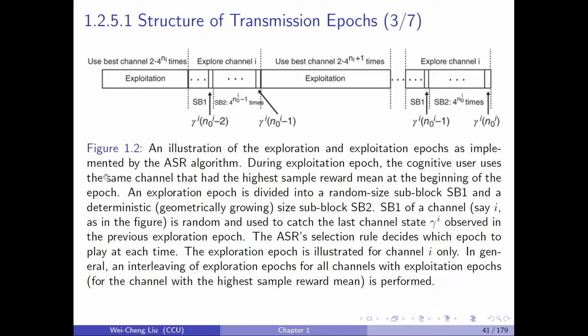Okay, we can see that it is the exploitation and it's the explore channel I. And again, this is the exploitation and this is the explore channel I. An exploration epoch is divided into a random size subblock SB1 and a deterministic geometrically growing size subblock SB2.